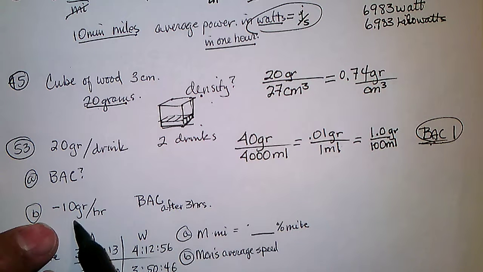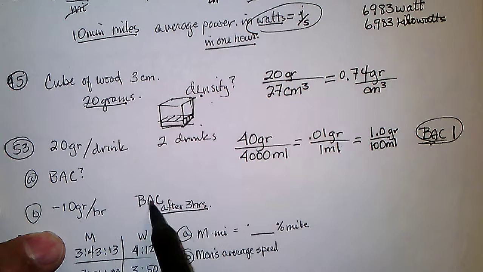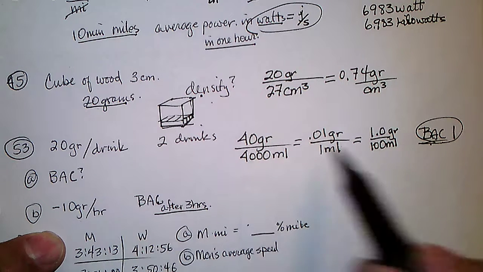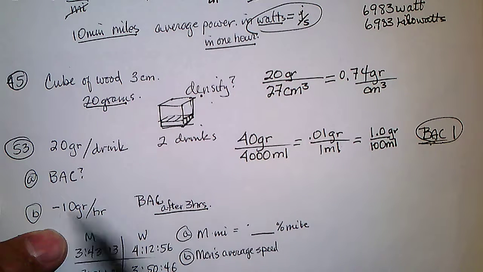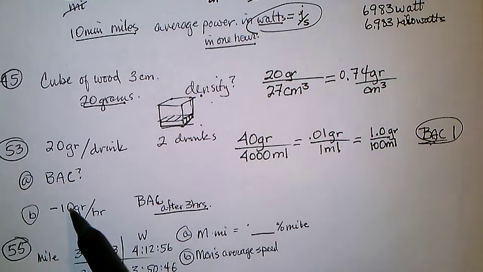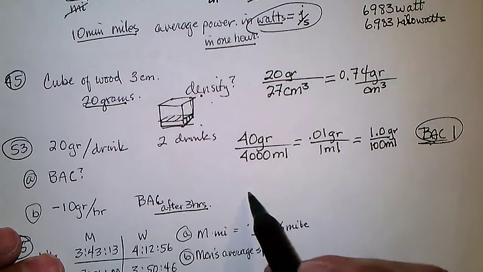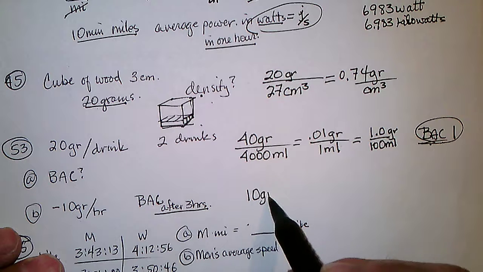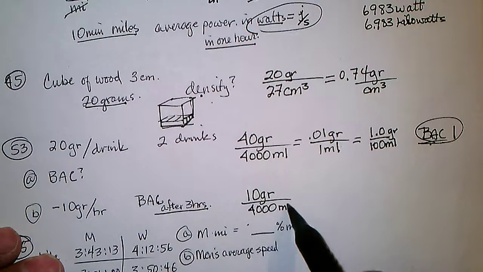Now, the second scenario, part B of this, said what would happen to the blood alcohol rating if all of it went right straight to her blood, which is not correct, and then it lost 10 grams every hour for 3 hours. Well, in 3 hours, it would lose 10, 20, 30 grams. Started with 40 grams, so now there'd be only 10 grams left. And her blood volume is 4,000 milliliters.